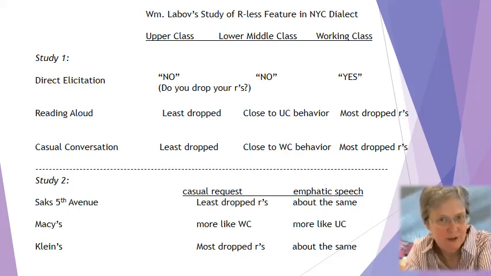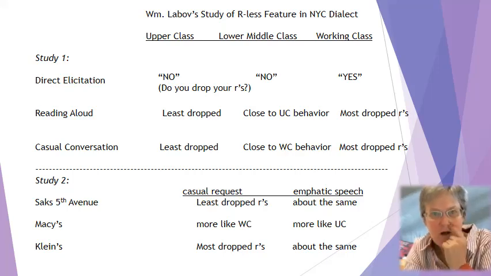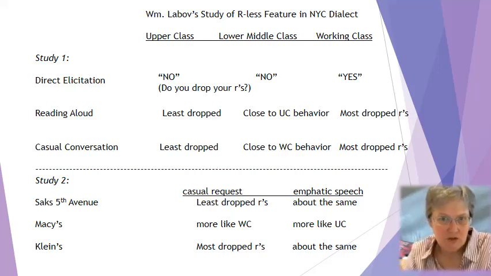However, in the third round, in the casual conversation, what do you think happened, right? In casual conversation, the upper class dropped more R's than they did in reading out loud, but still they dropped the fewest number of R's. The working class speakers in casual conversation dropped a lot of R's, most of any of the groups for any of the 3 studies.